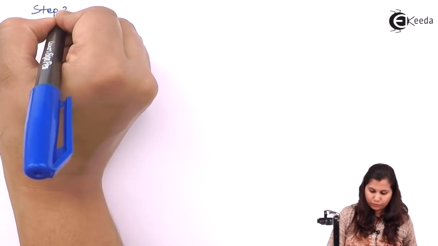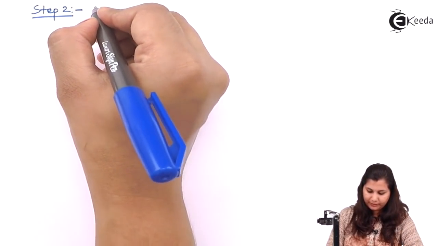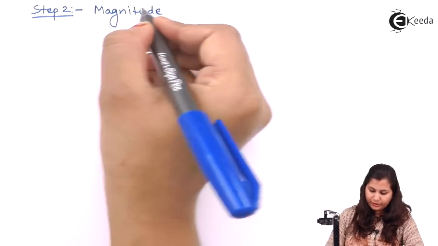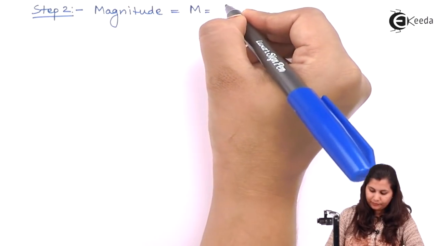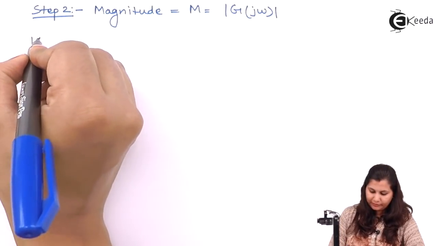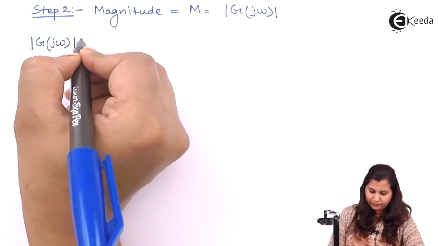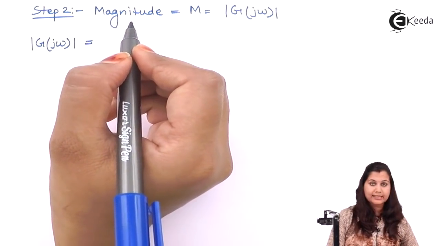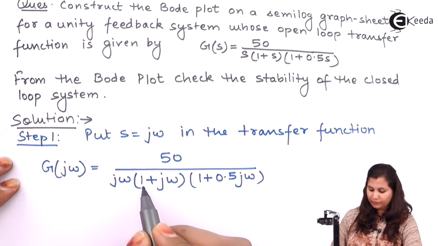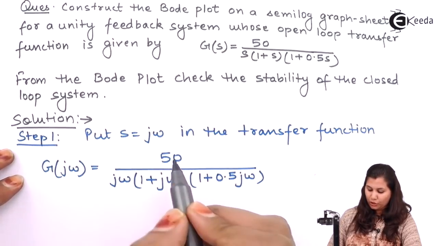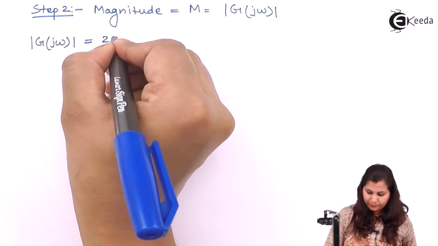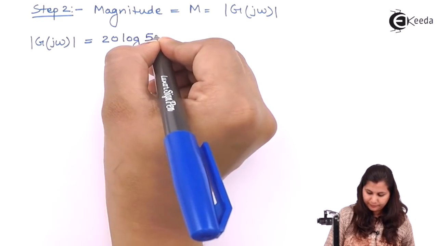So step 2 is to calculate the magnitude. Magnitude is M, the magnitude of G(j omega). So let's find the magnitude of it. G(j omega) is 50 upon j omega (1 plus j omega)(1 plus 0.5 j omega). So the magnitude of this constant term 50 will be 20 log 50.